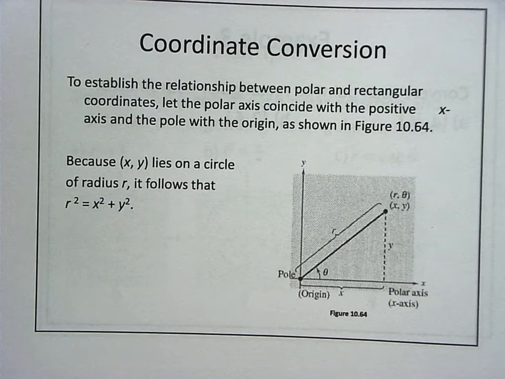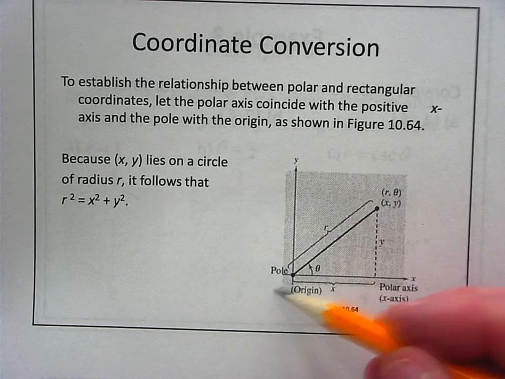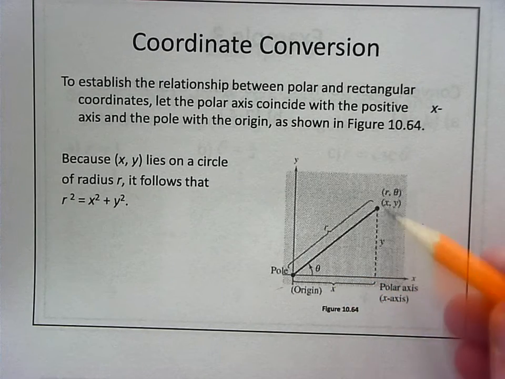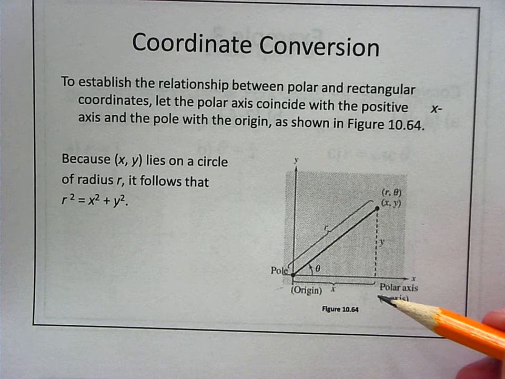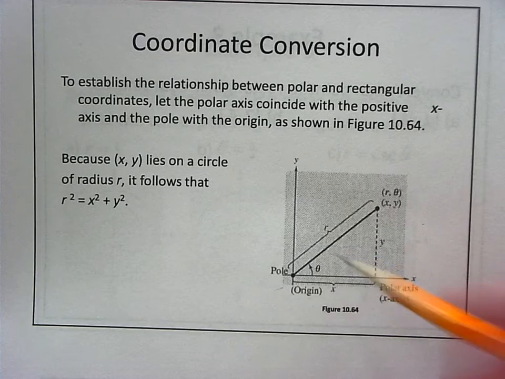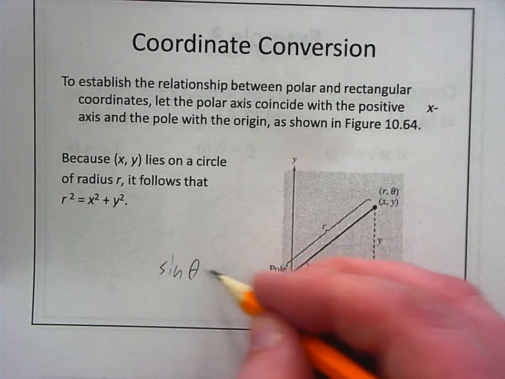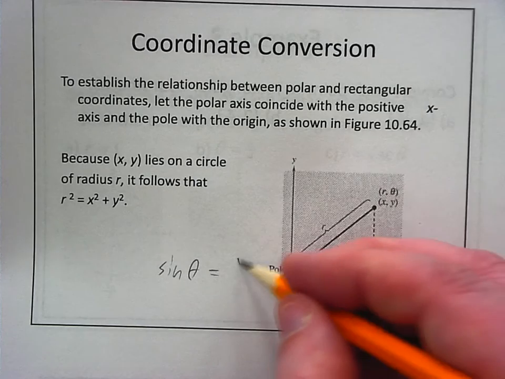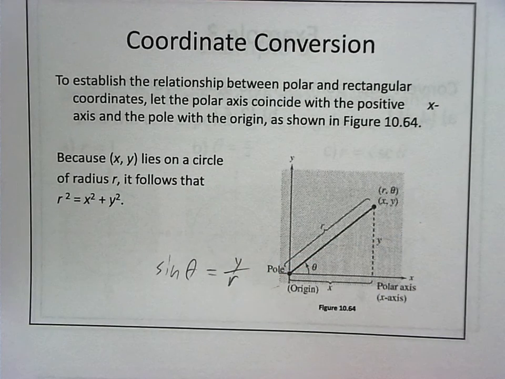The other direction is a little bit harder to see. If I'm given radius and theta, in other words, I know the angle and I know the hypotenuse, how could I find y? Sine. Sine of theta is opposite over hypotenuse, right? So if sine of theta is equal to y over r, then what's y equal to? Don't overcomplicate that.